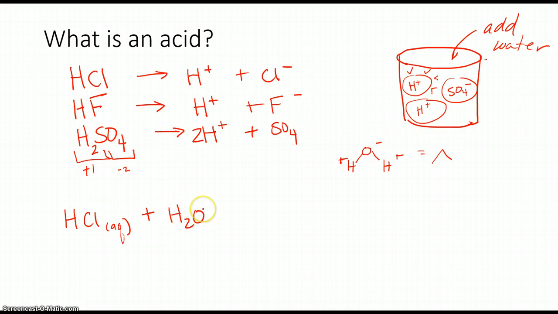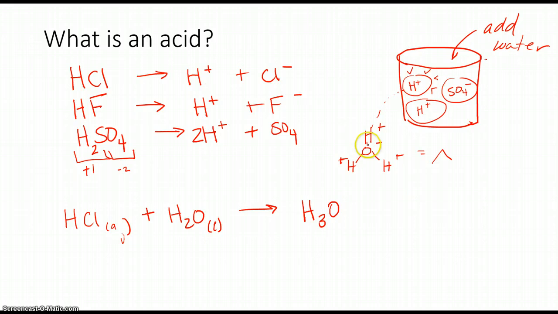Now the reason I do plus H2O is that this hydrogen is going to be attracted to the oxygen side, so that the molecule actually changes the water to be what is called H3O. So this is why we record it this way.